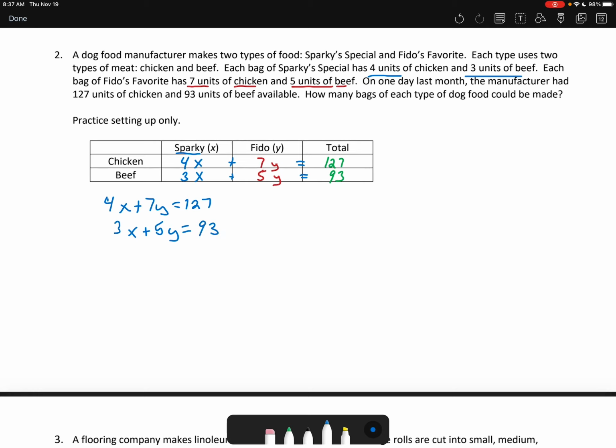And again, at this point, I would probably solve this one by elimination as well. And I'm going to give you the final answer to this, and then this one can be left up to you to try. If you feel comfortable doing these at this point, then you could skip this part. So it should end up being 16 bags of Sparky's and 9 bags of Fido's.